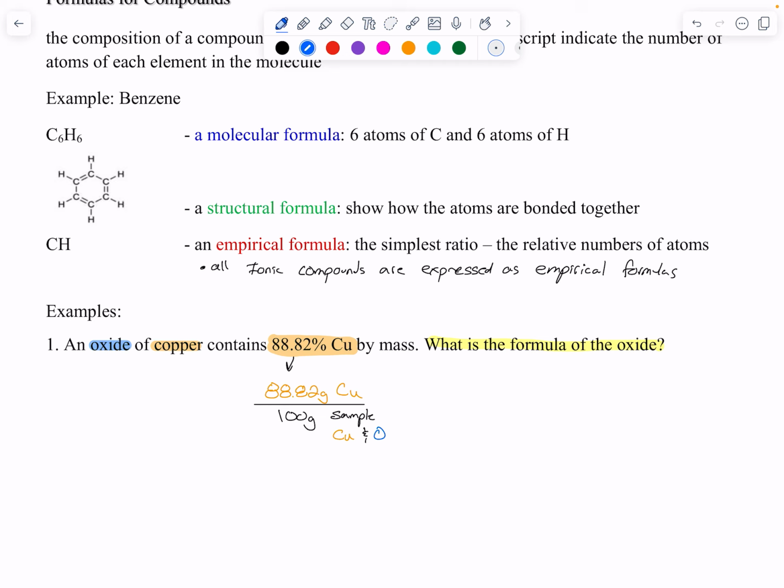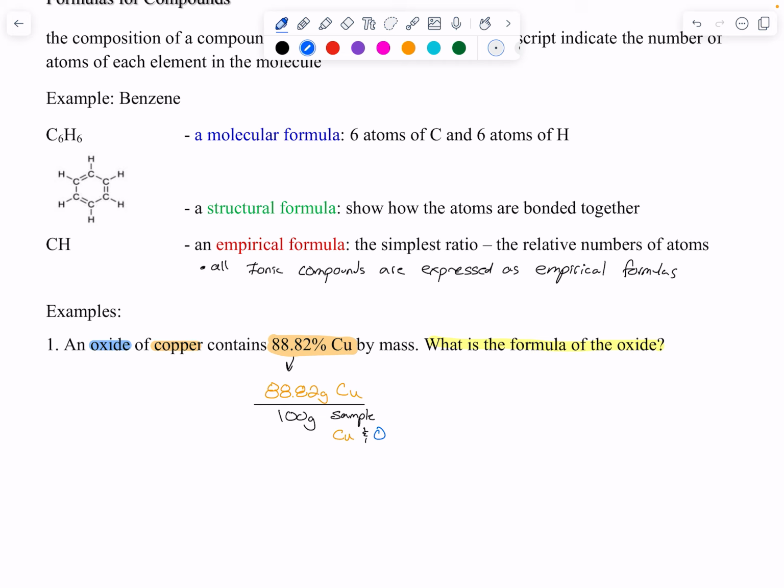The reason is that copper can take more than one charge. In fact, copper can be +1 a lot of times, and +2. Both of those exist as real life examples. So how do I know which one? Well, we're going to find out with the mass ratio. The mass ratio gives us that.